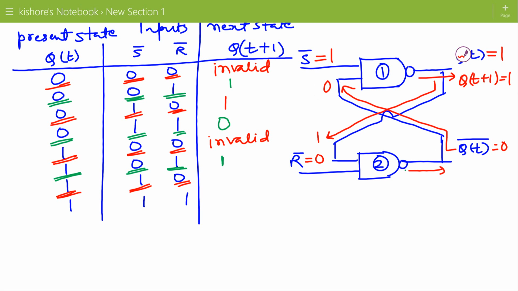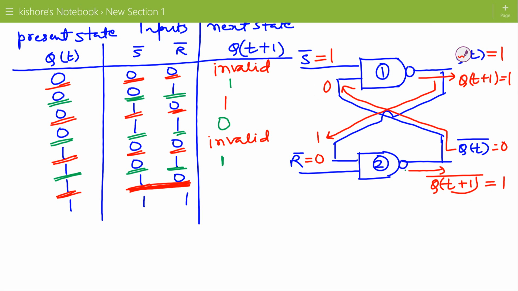So here again the output is 1. It seems to be an invalid state because QT plus 1 and QT plus 1 bar both are 1. But when the two inputs are not the same, then we cannot get the invalid state.